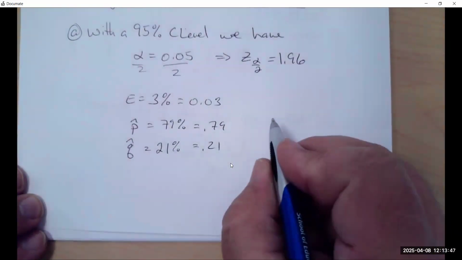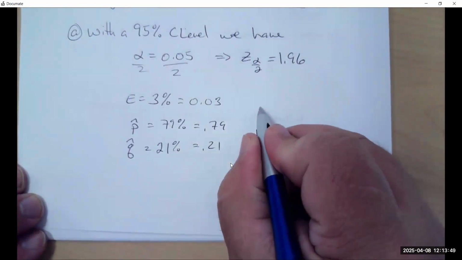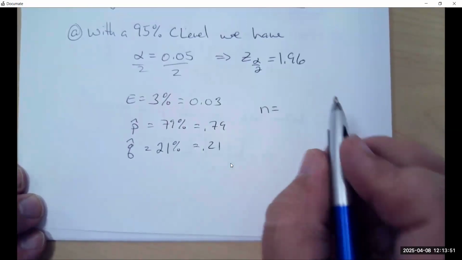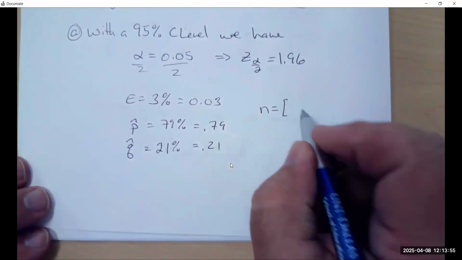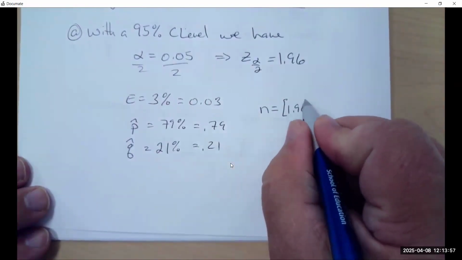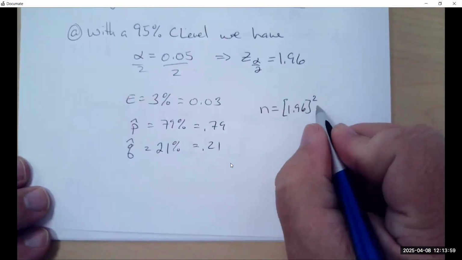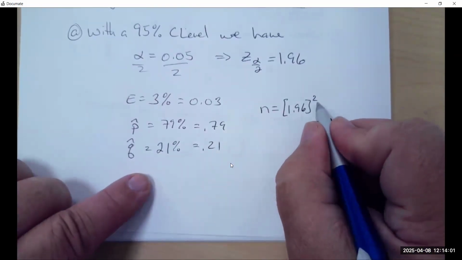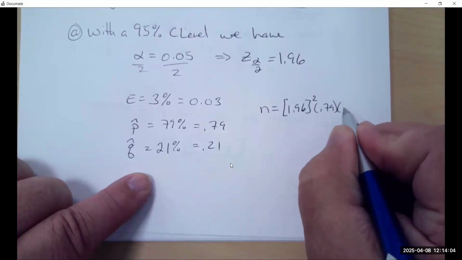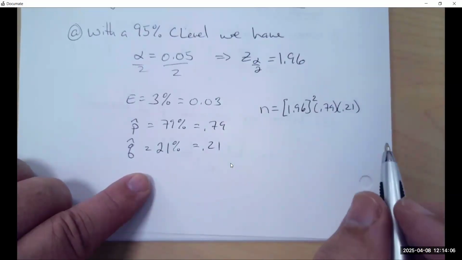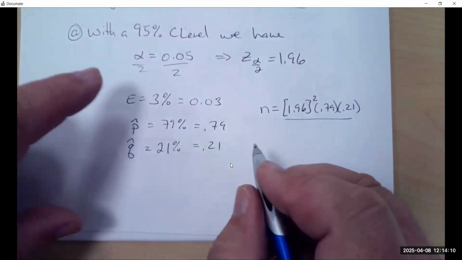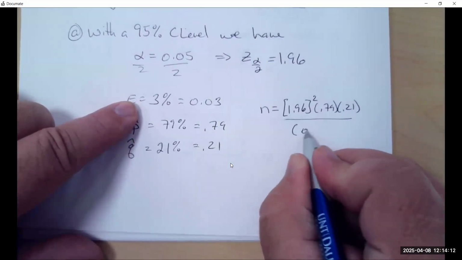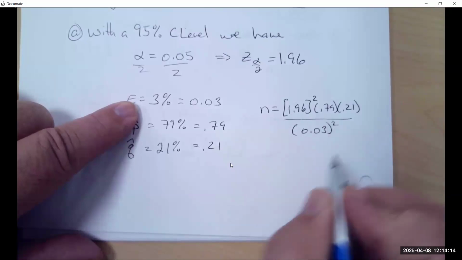So the sample size is equal to our Z value, 1.96 squared, times P hat and Q hat, which is 0.79 and 0.21, divided by our E squared.